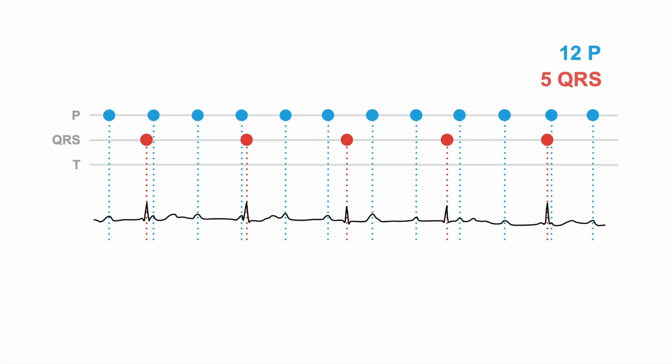Furthermore, when we try to measure the distance from P to the subsequent QRS complex, in other words, the PR interval, we see that these intervals are completely random and variable because the atria and the ventricles are beating completely independently of one another. So with that knowledge in mind, I want to sum up what we already know about third-degree AV block or complete AV block.